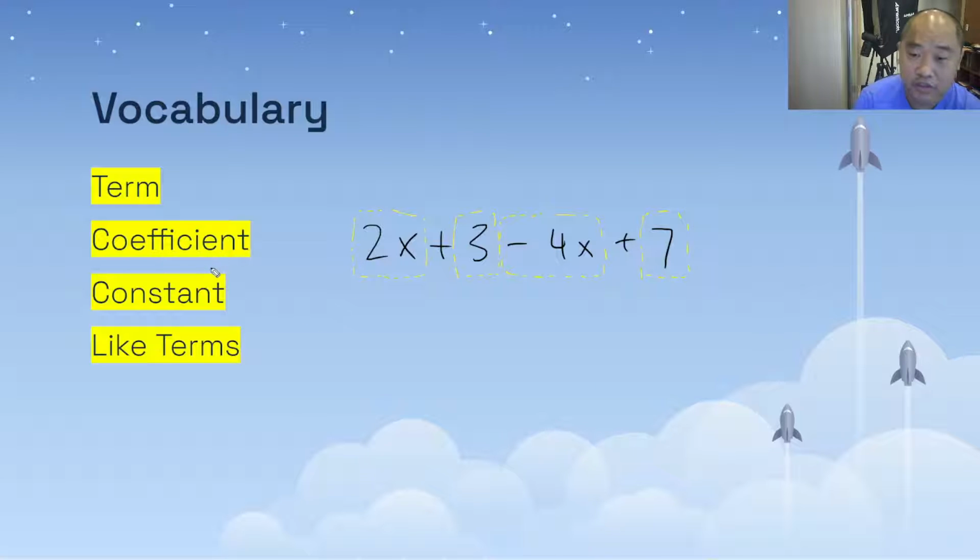Coefficients are the number that is multiplied by the variable. So in this case, this variable x is being multiplied by 2. This variable x is being multiplied by -4.